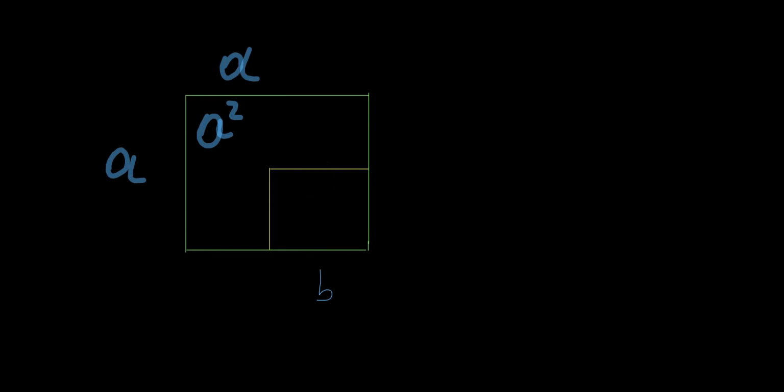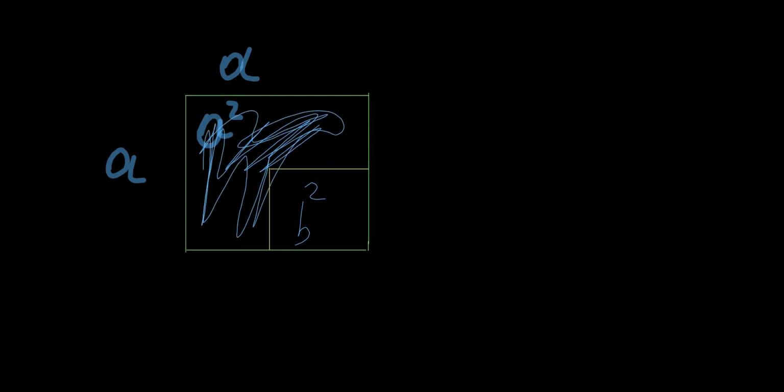If we were to find only the space of the part inside this shape, which we would call an irregular shape after pulling out this part from it, we would definitely subtract this new b squared from the entire thing to get only that irregular part.